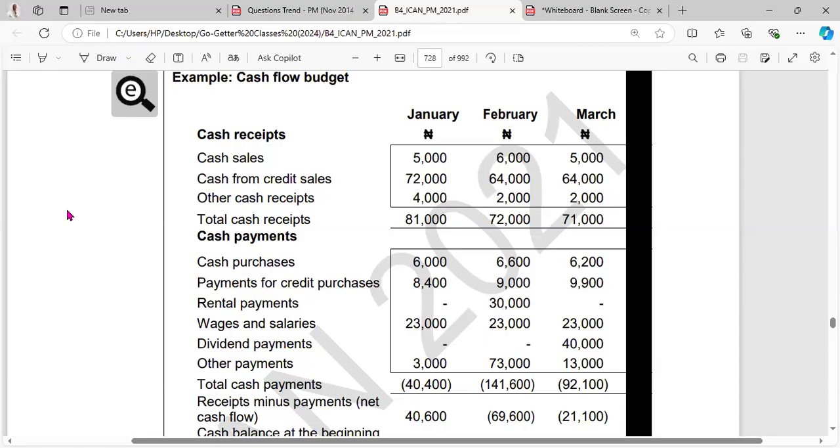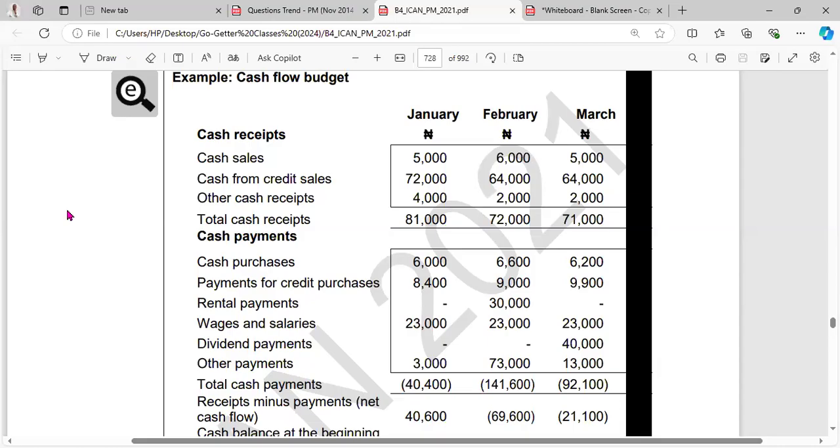Unlike profit, if you are supposed to pay your salary or you're supposed to receive something for a particular period of time. Let's say your sales, the credit sales, you have not received the money. You will still record it as sales. You are paying salaries and you are owing for some months.